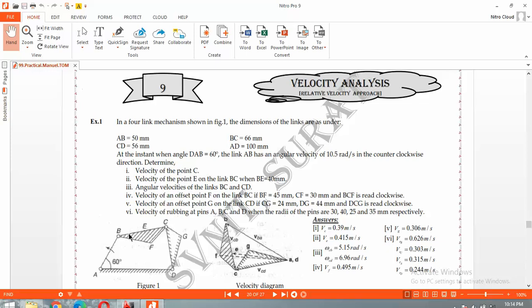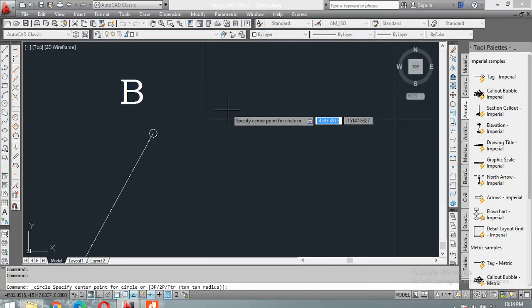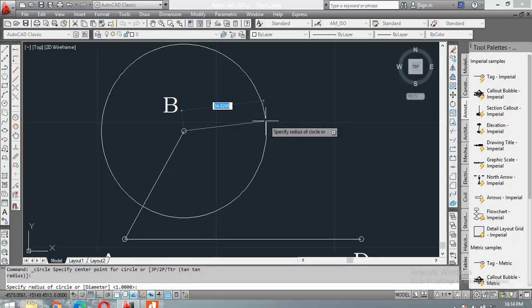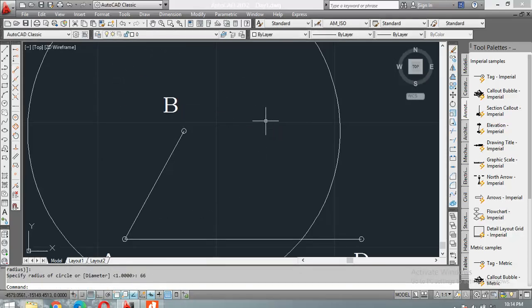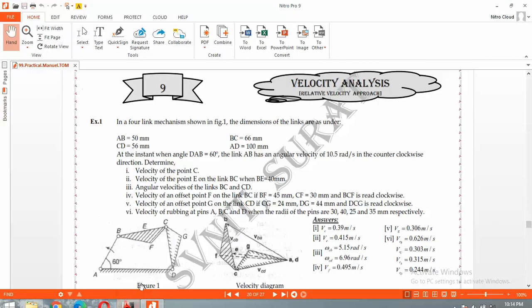BC distance is given as 66 mm. So let us draw one circle by taking B as the center and 66 mm as the radius. Now we can say that point C must fall on the circumference of this circle, which represents 66 mm distance from point B. And what is the other constraint?